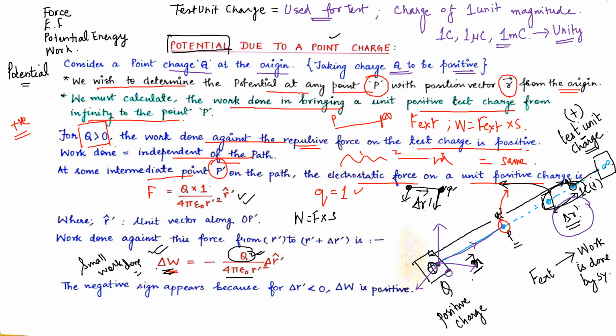So Q by 4 pi epsilon naught into R square into the del R cap. We have taken here del R cap because this will give us the direction along del R cap. In other words, we can write it as force into displacement also. The same thing will come into the displacement of del R. The same definition of force can also be utilized over here.